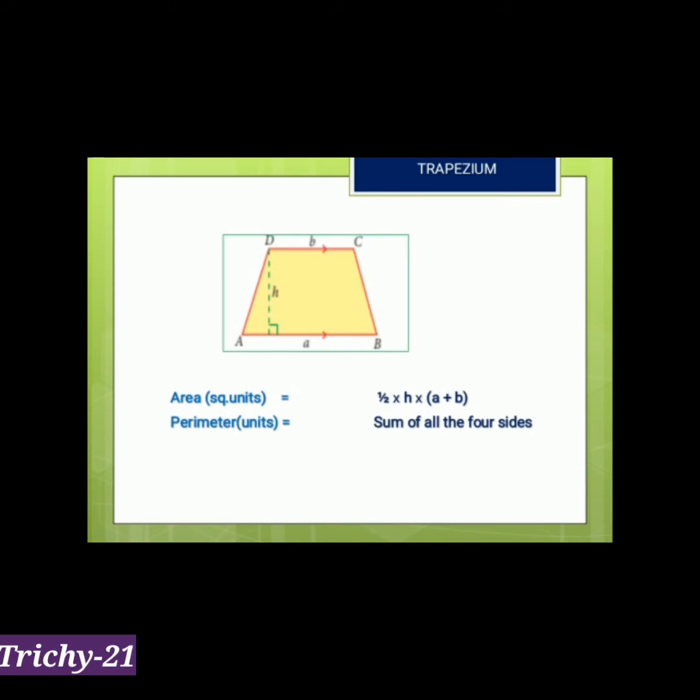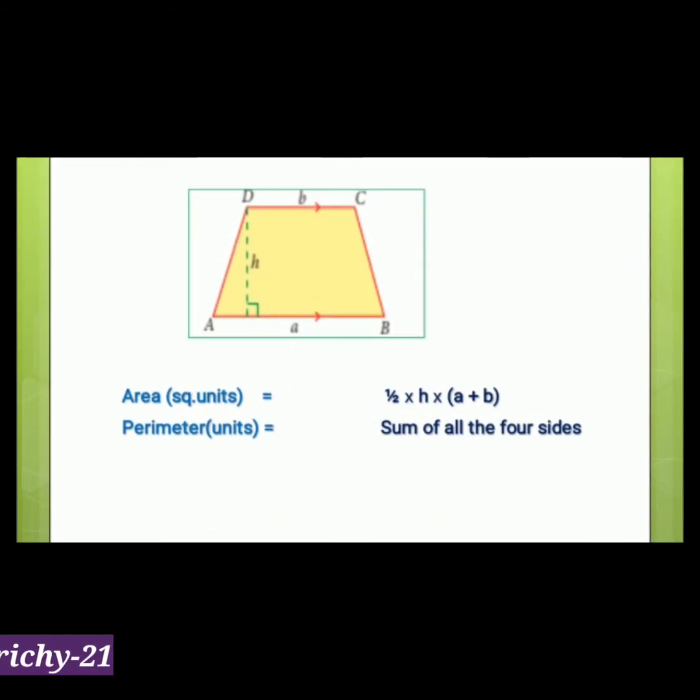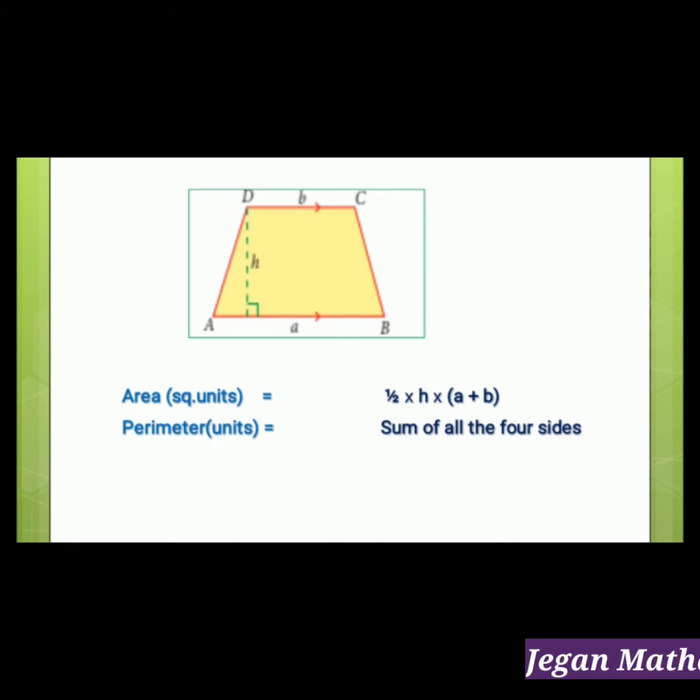The next shape is trapezium. A trapezium has one pair of parallel sides. Here BC and AD are the parallel sides. The sides may all be different in length.